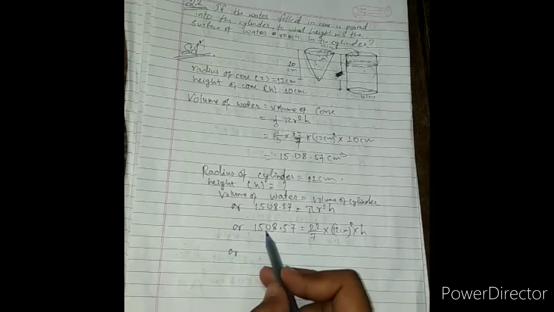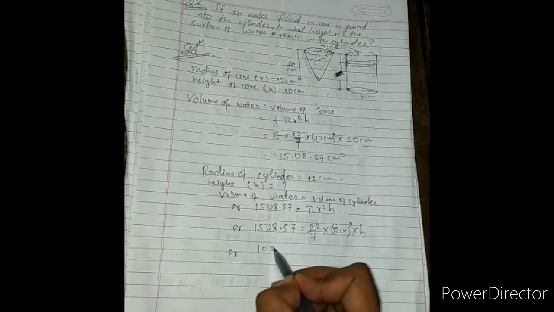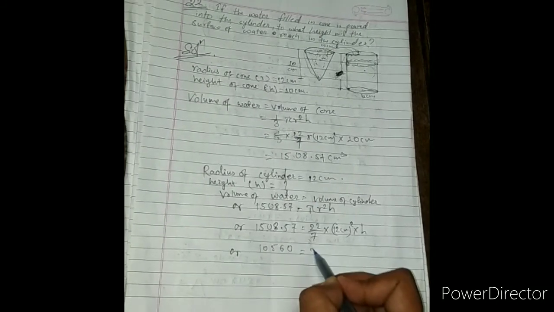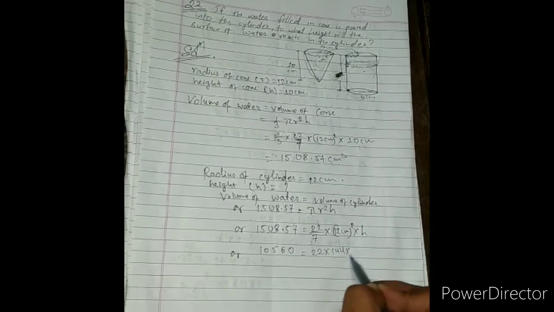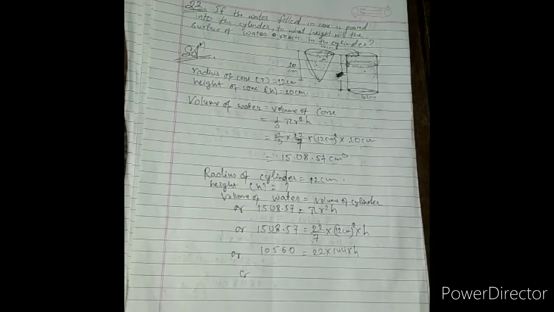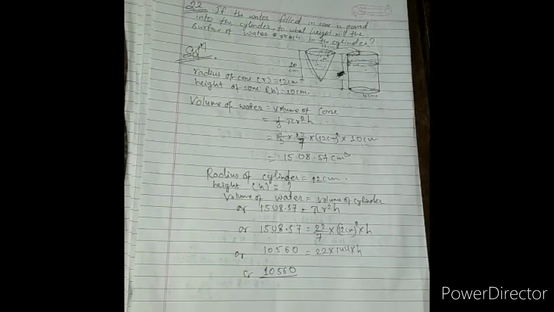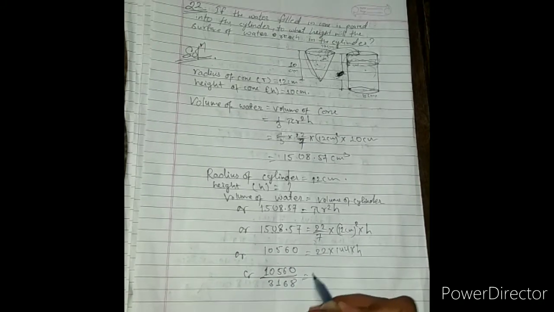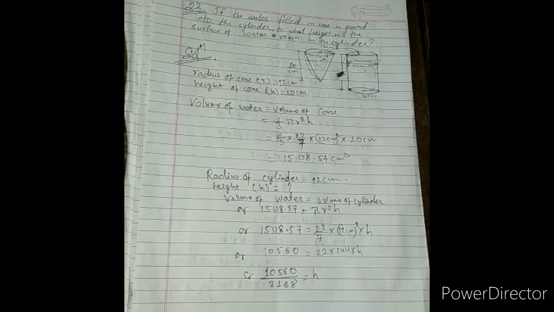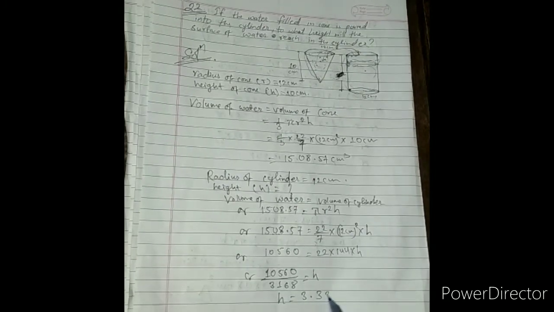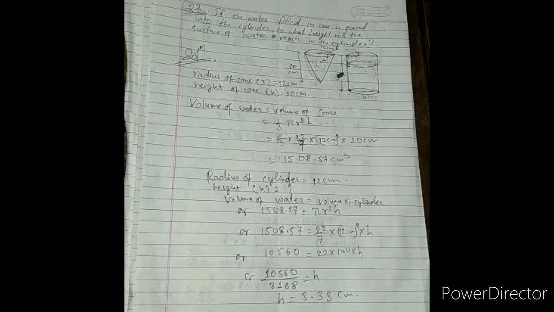When we multiply these two, it will be 10560. 22 into 144 into h. 10560 divided by 22 into 144. This will be h equals 3.33 centimeter. So the height of the water level is 3.33 centimeter.